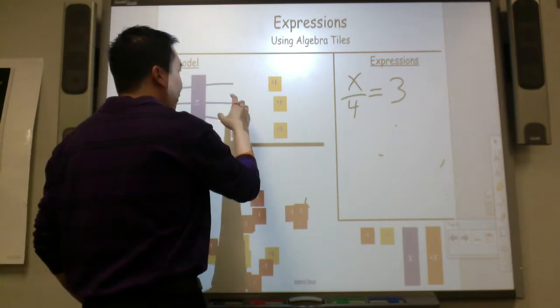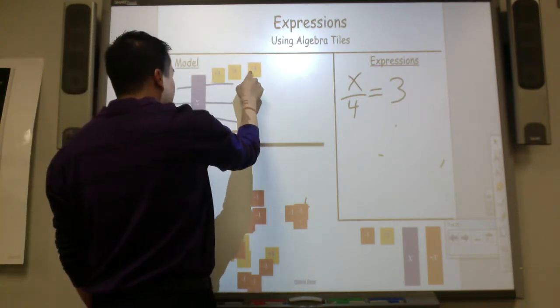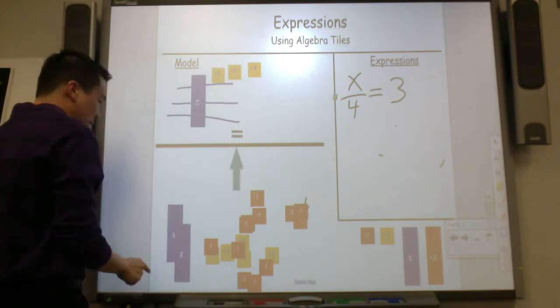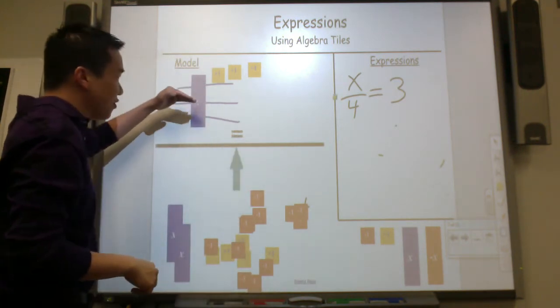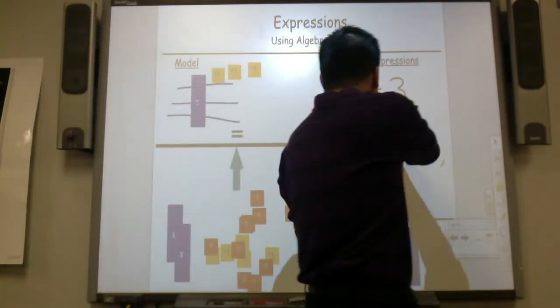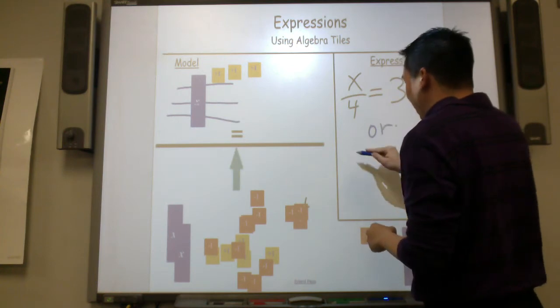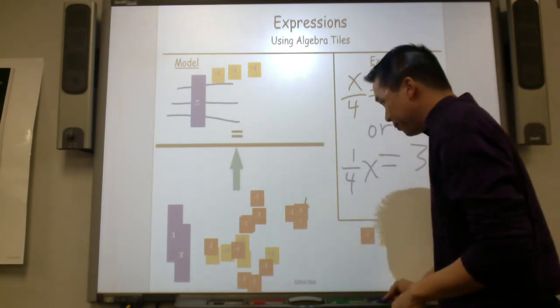It's saying that if I have a fourth, each fourth will get positive 3. So say you have an x that's divided into 4 pieces, and this fourth will have 3. Another way to write this is 1/4 x is equal to 3.